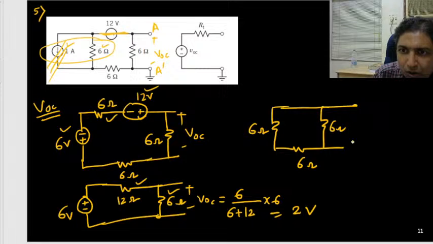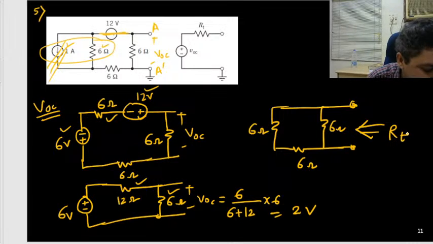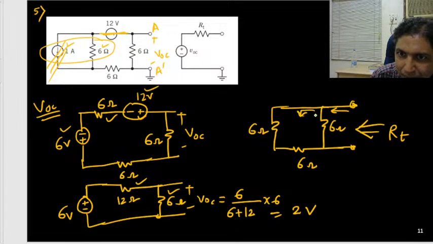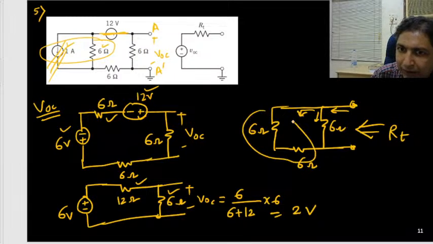Now from this terminal we need to find the resistance looking from this terminal. If we go from this side, then we have these two branches, this branch and this branch. So these two I can combine: 6 plus 6 is 12 ohm. Then at the end, this 12 and 6 are connected in parallel.